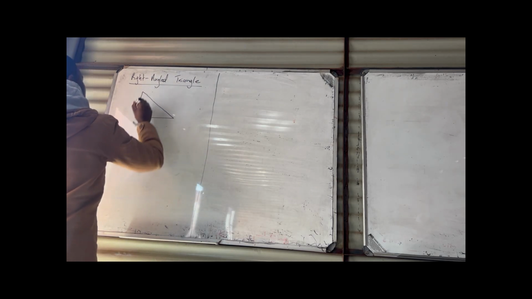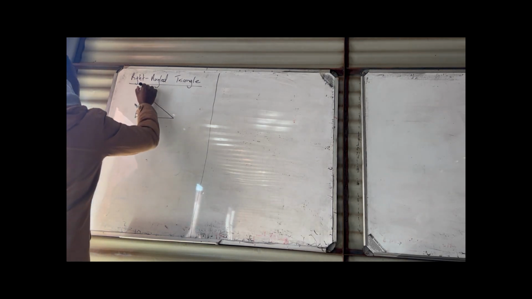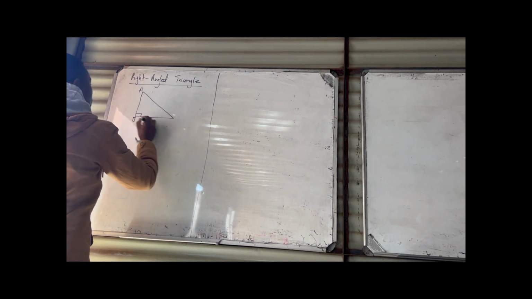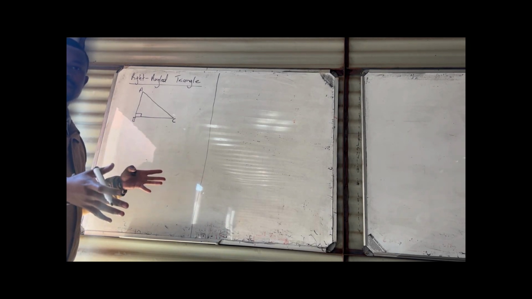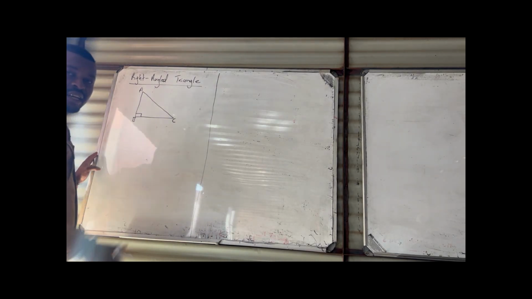You know that it forms 180 degrees. If this is A, this one is going to be B, this one is going to be C. So the concept is definitely applicable to the right angled triangle: Pythagoras theorem and the trig ratios.